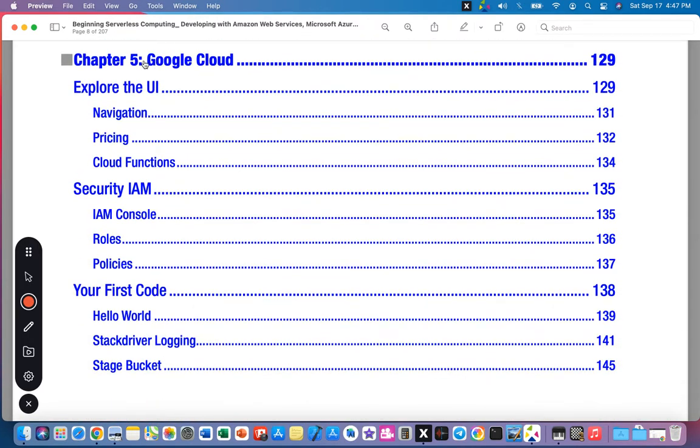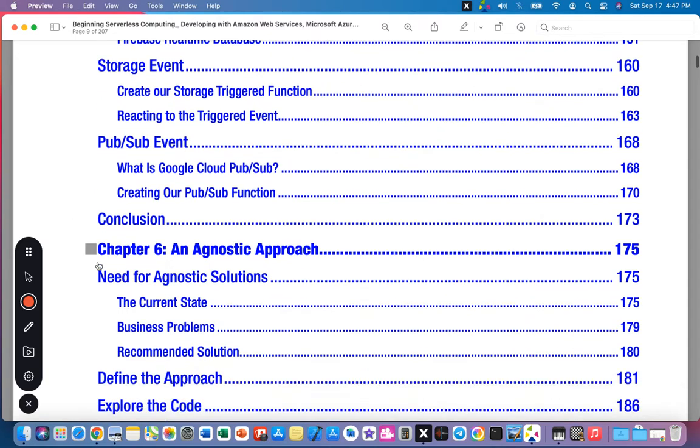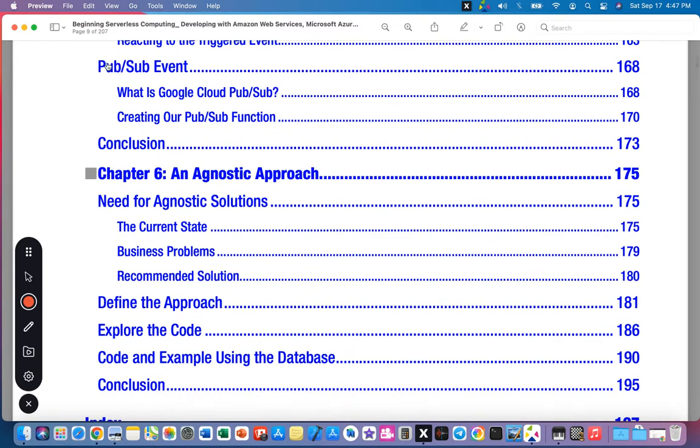And the third one is Google Cloud, exploring the user interface, the security, the first code, same process, same titles, HTTP event, storage events, pub sub events, and conclusion. Here's something called pub sub. What is Google Cloud pub sub? Creating our pub sub function, right?